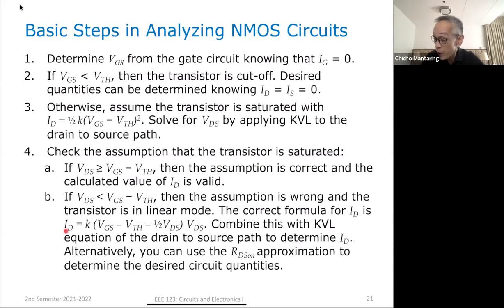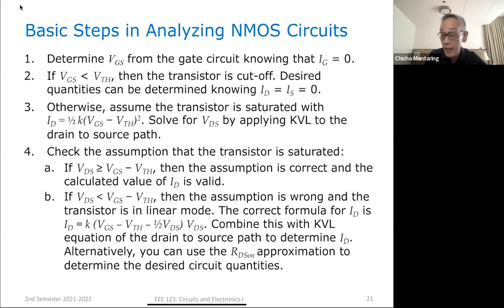We have to combine this equation with the KVL equation of the drain to source path to determine ID. So we end up usually having to solve two equations in two unknowns. And that solution often ends in a quadratic equation.